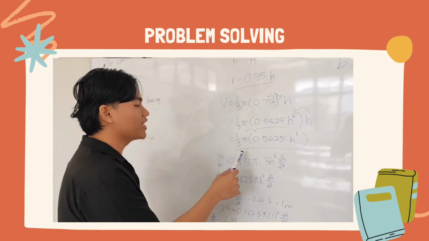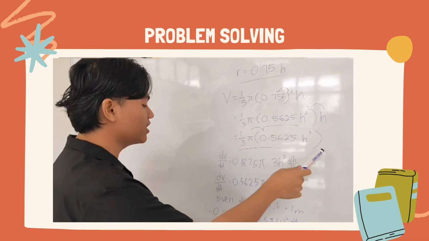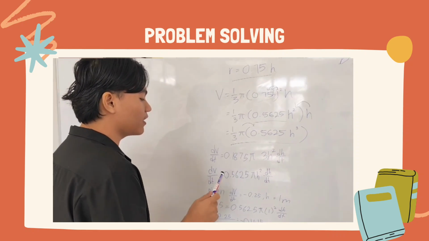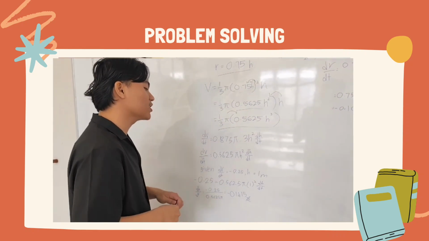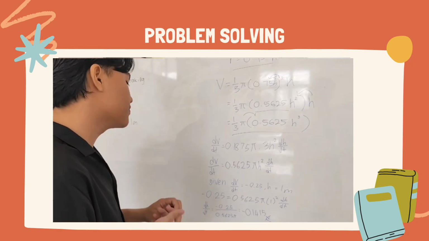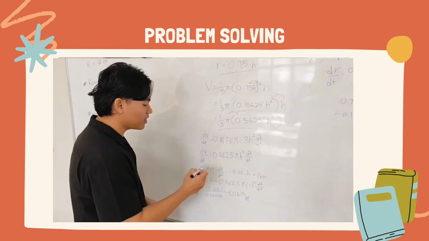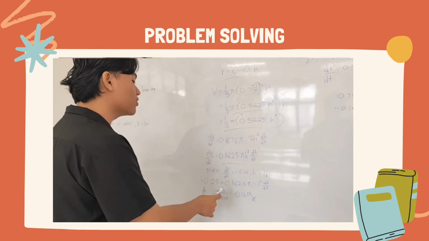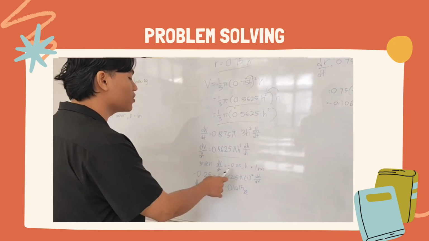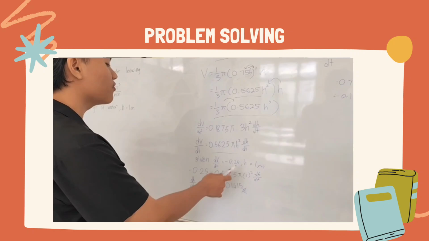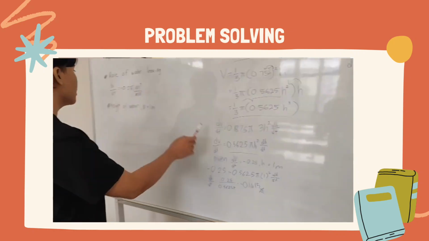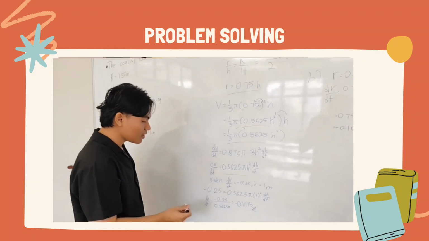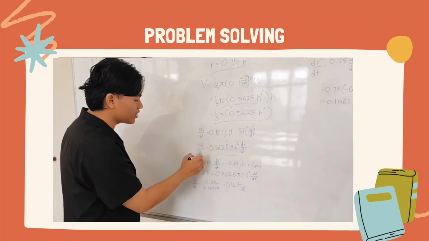So we differentiate this equation and get dV over dt equals 0.5625 pi h squared dh over dt. Given that dV over dt equals negative 0.25 and the height of the water is 1 meter, we substitute it into this equation.